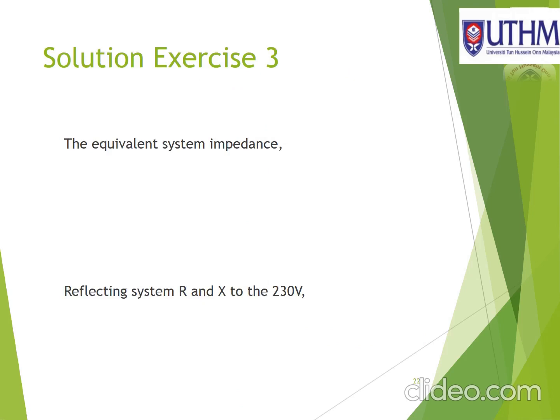Okay, this is the method. First you have to find the equivalent system impedance. You have to calculate the equivalent system impedance, and also the impedance value, reflecting the system R and X to the 230 volt.